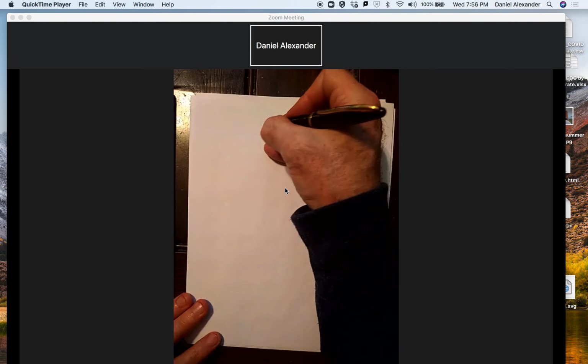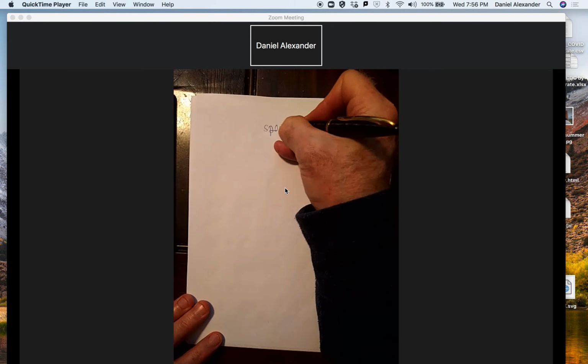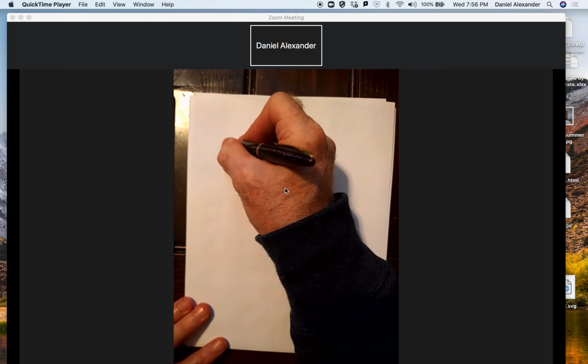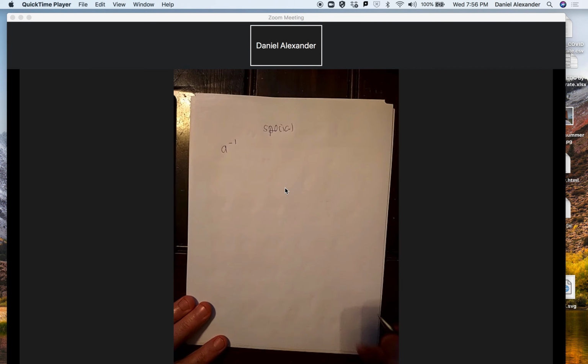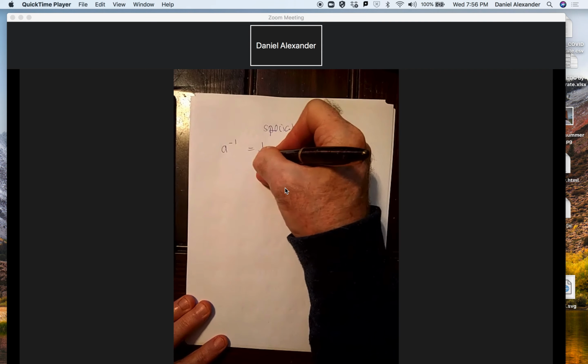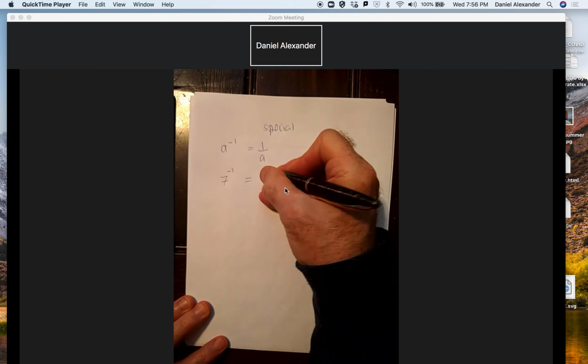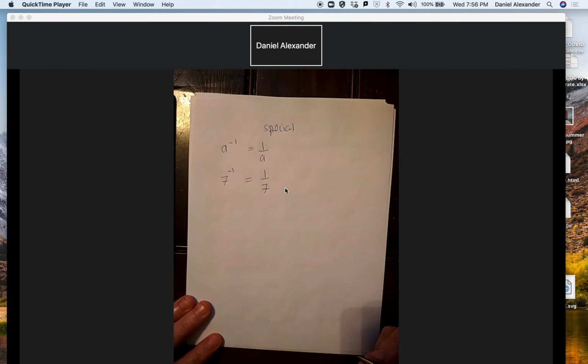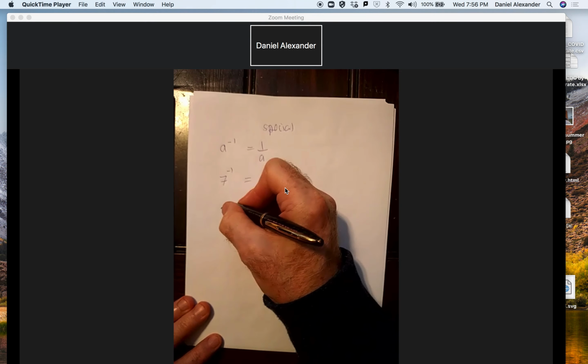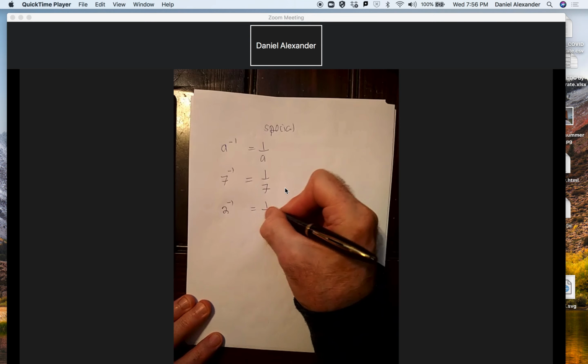So a couple of special ones. We have a to the minus 1. Well, that's going to be 1 over a to the 1. So if a is equal to 7, then that would be 1 over 7. If a is equal to 2, 2 to the minus 1 would be 1/2. Okay.